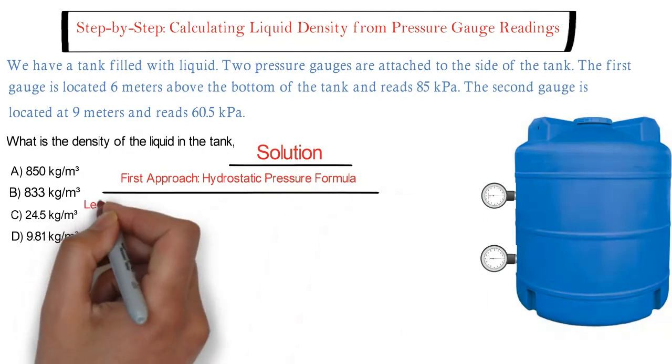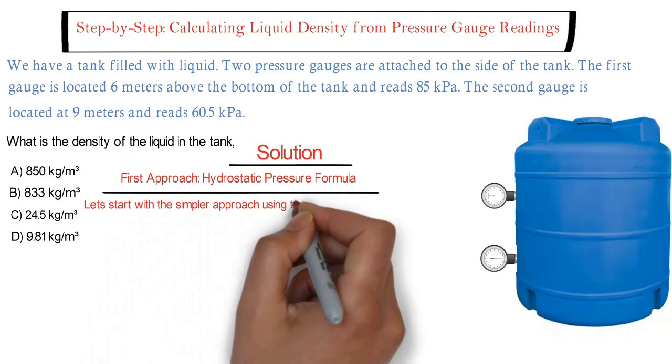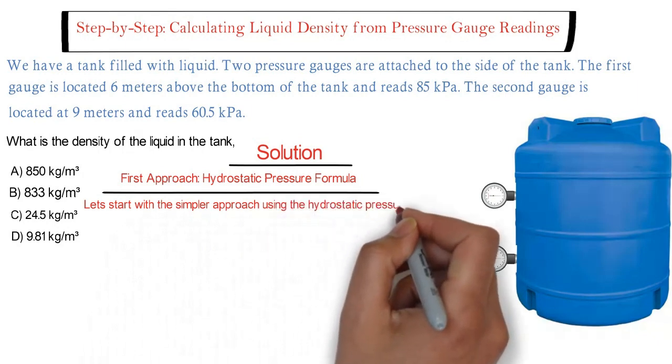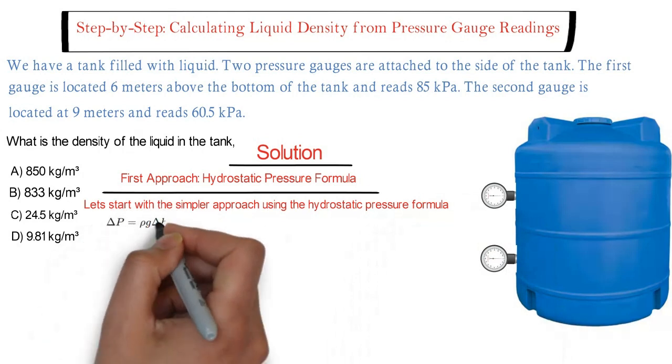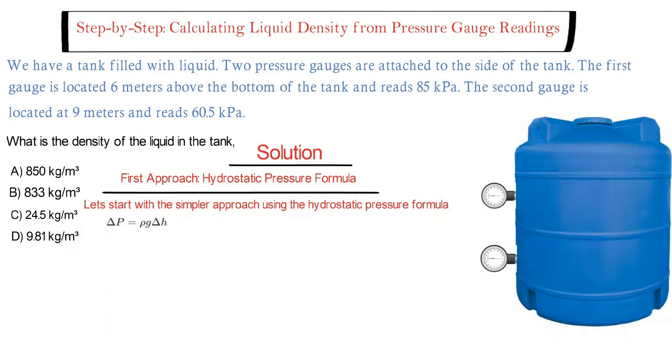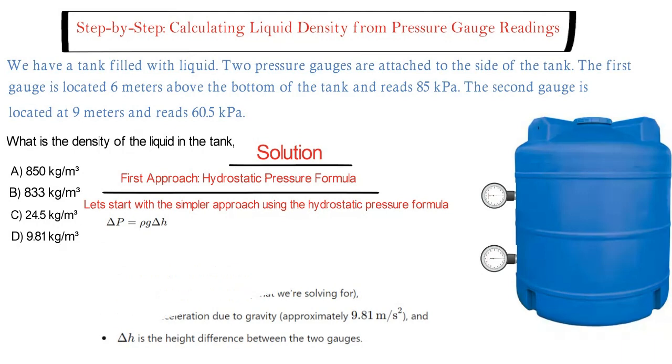So we can substitute with delta P equals rho g delta H, where delta P is the pressure difference and rho is the density of the liquid. That's what we are solving for, and g is the acceleration due to gravity, which is approximately 9.81 meter per second squared, and delta H is the height difference between 2 points.